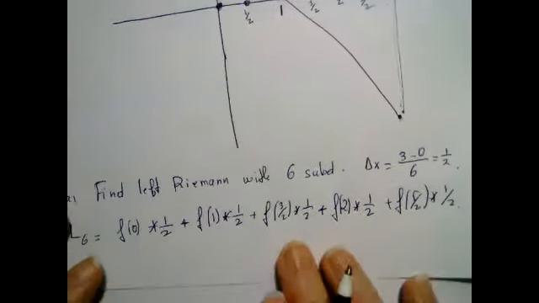And we compute this. So that will be 1 minus 0 squared times a half. That will be 1 minus 1 times a half. And that would be 1 minus 3 halves squared times a half, 1 minus 2 squared times a half, and 1 minus 5 halves squared times a half.